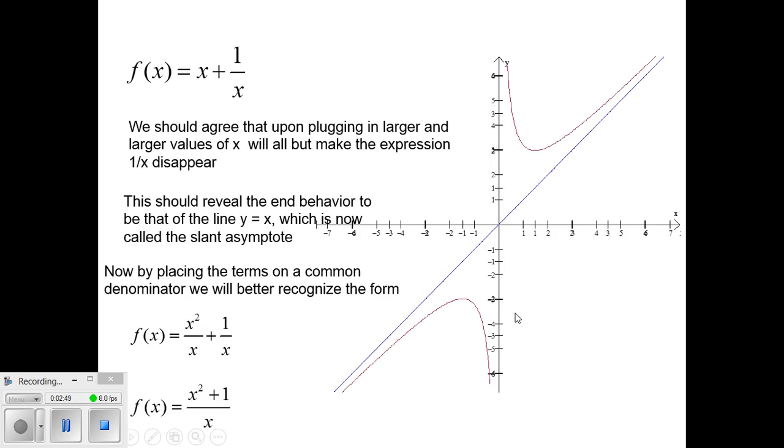So here's our graph, with the vertical asymptote as the y-axis, moving towards the slant asymptote. Again, we won't know how high or how low these points are; that's the calculus which will find those things out for you.